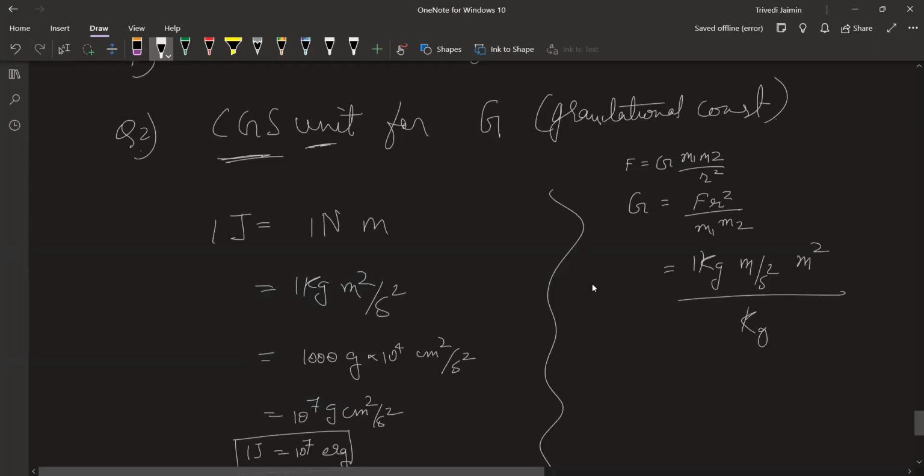Okay, that means kg square. So it would become kg power minus 1, and then meters. Sir, M minus 1 L3 T minus 2 will be the answer.